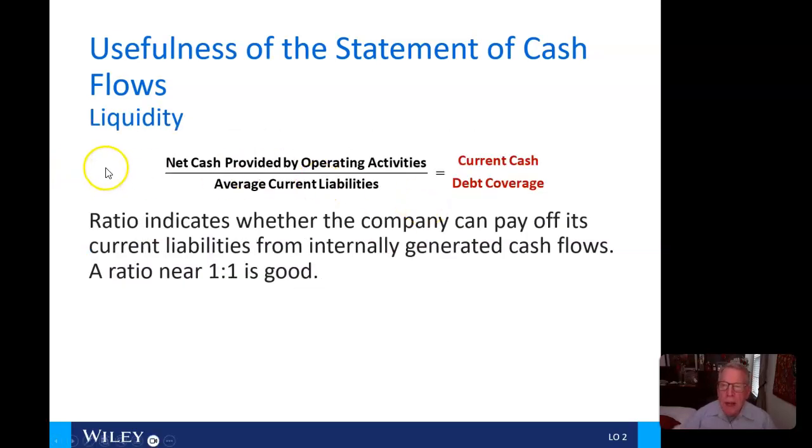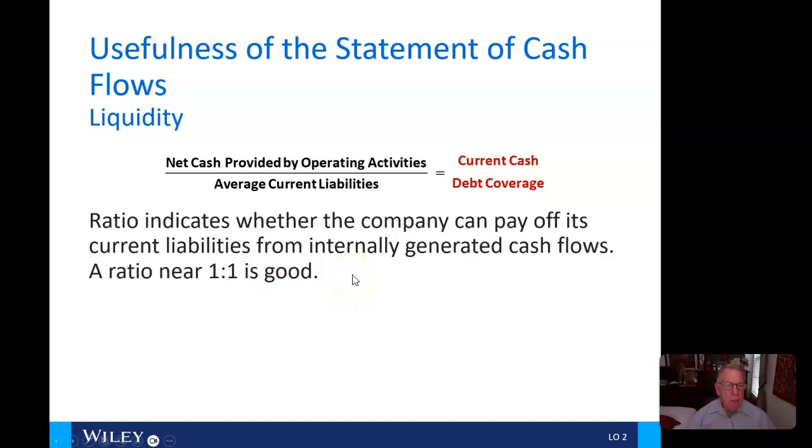All right, so we have a ratio here, and we're looking here at liquidity. Liquidity means is there adequate cash, right? So we take the net cash provided by operating activities and divide that by the current liabilities. That gives us our current cash debt coverage. We really like to see a ratio near 1-to-1 or better, right?